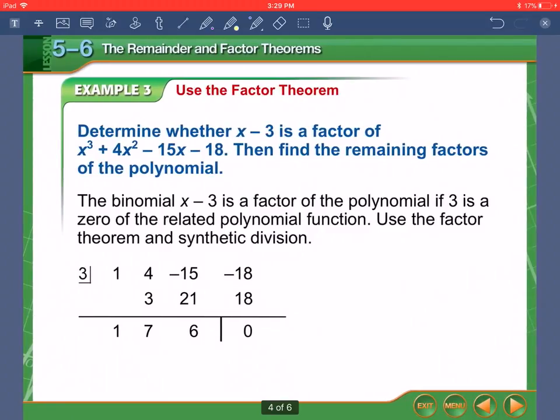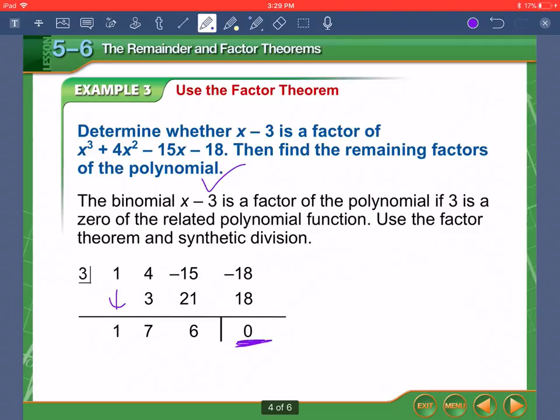We brought the 1 down and went through this whole process, multiplying. 3 times 1 is 3. Then we add 4 plus 3 is 7. Multiply 3 times 7 is 21. Add negative 15 plus 21 is 6. Multiply 3 times 6 is 18. Add negative 18 plus 18 is 0. So our remainder is 0, which means x minus 3 is a factor.